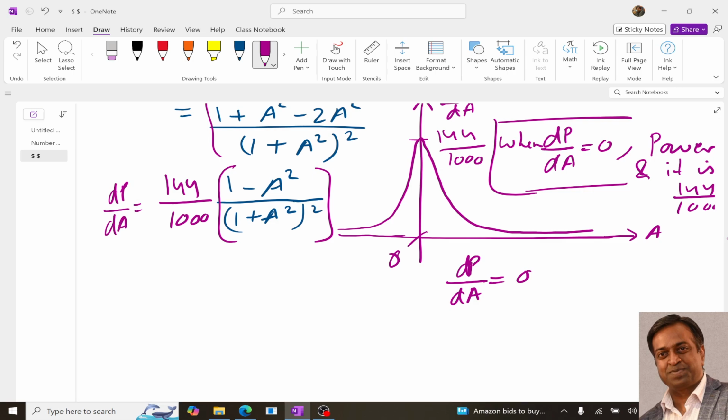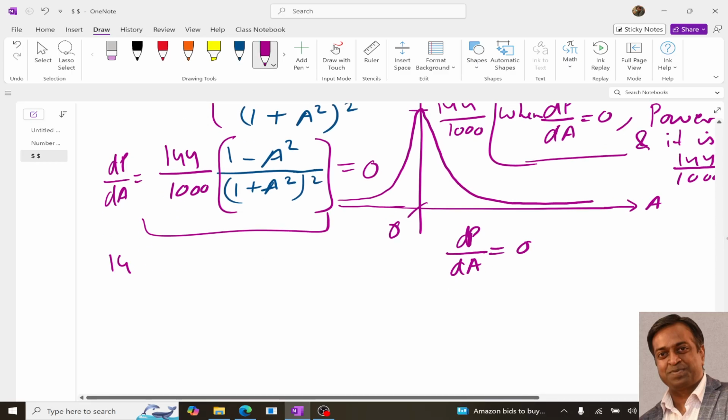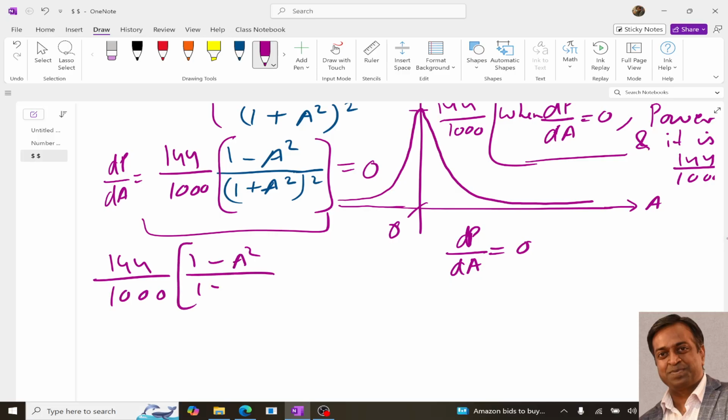So now if I equate this to 0, what I will get: 144 upon 1000 times (1 minus a square upon 1 plus a square, whole square) equal to 0, right? Now to make this equation 0, the numerator term 1 minus a square should be 0, because 144 is a constant, 1000 is a constant.